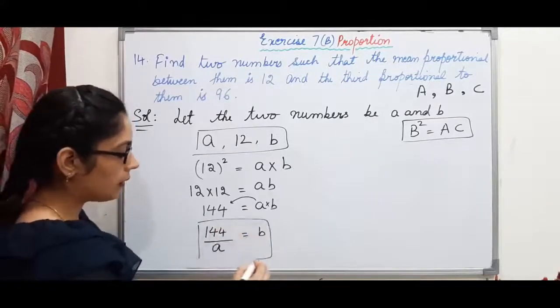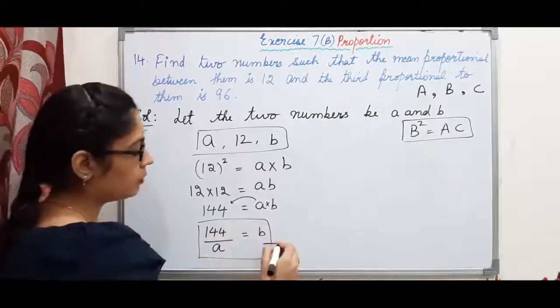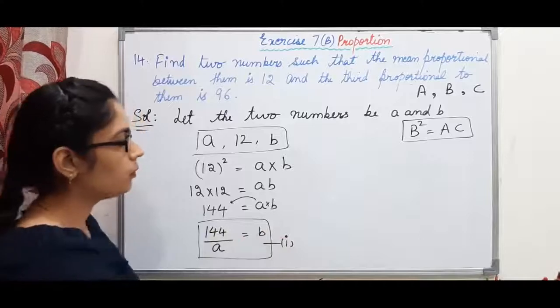So b equals 144 by a. Let's mark it as equation 1.